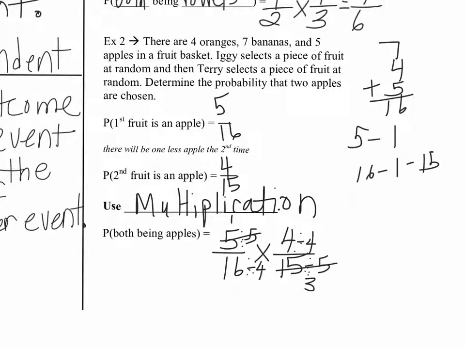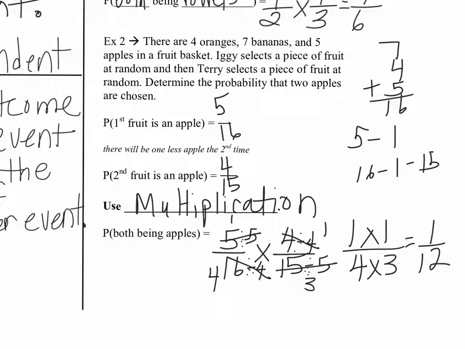So that makes the 4 divided by 4 a 1, and the 16 divided by 4 a 4. That leaves you with a 1 times 1 on top, and a 4 times 3 on the bottom. 1/12. So the probability of both being apples is 1/12.